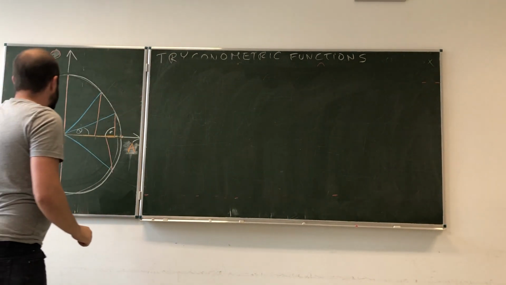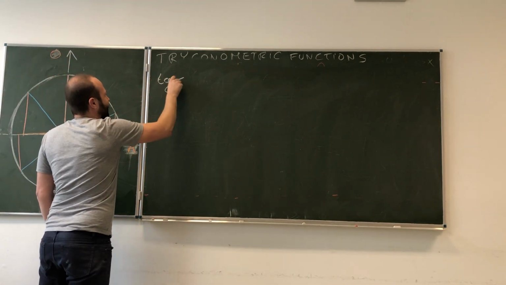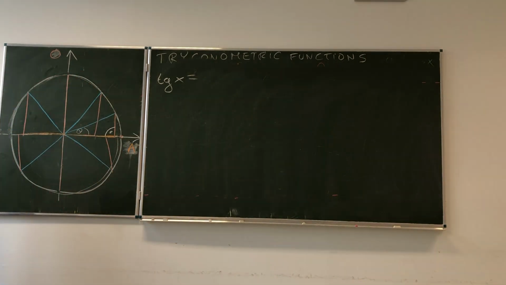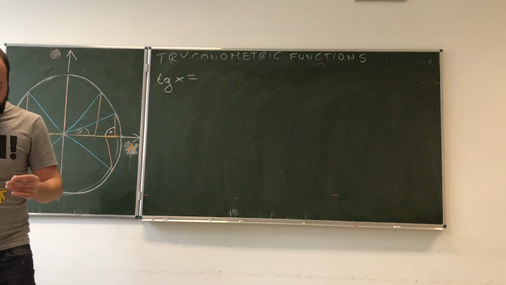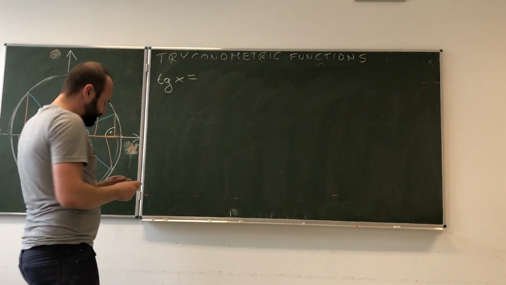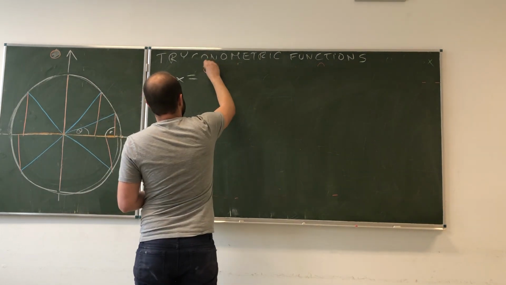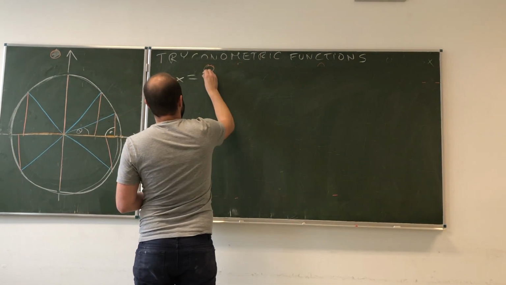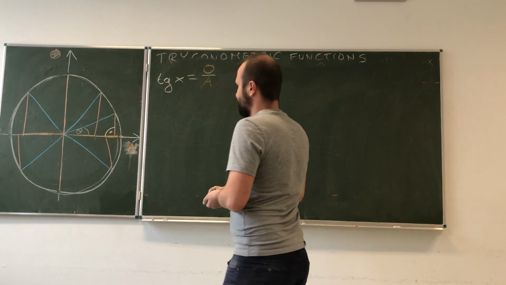Okay, so tangent, I'm already going to write x, and tangent x is equal to opposite divided by adjacent.